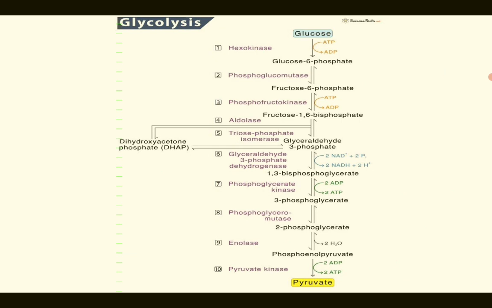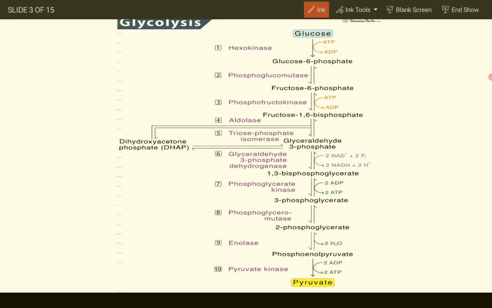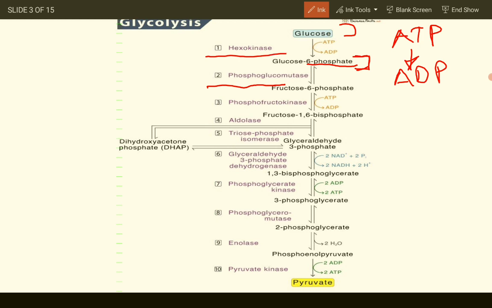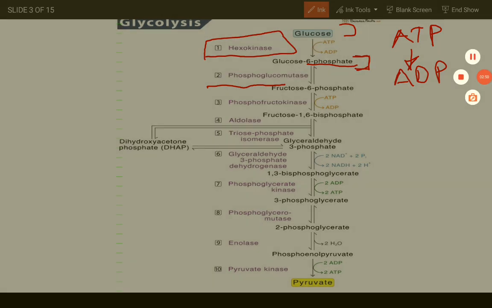Here you can see the whole thing in a chart form. Glucose is being converted into glucose 6-phosphate, which means a phosphate is being used. The phosphate comes from a molecule of ATP. ATP gives one of its phosphates to glucose, making glucose 6-phosphate, and itself becomes ADP. This phosphorylation happens through the enzyme hexokinase.